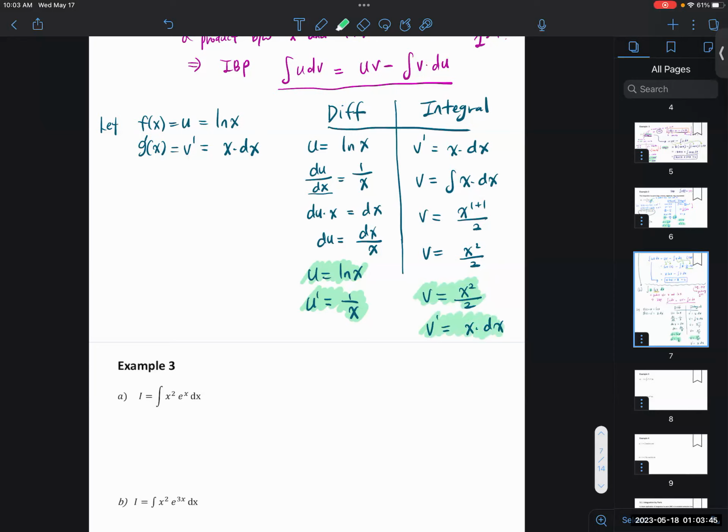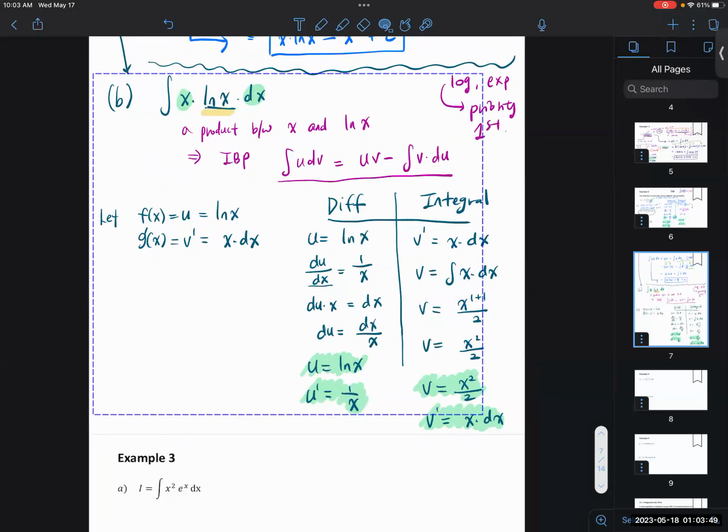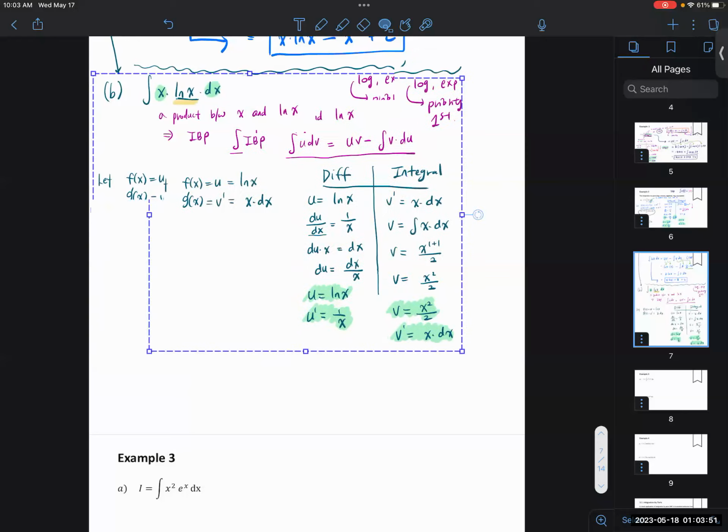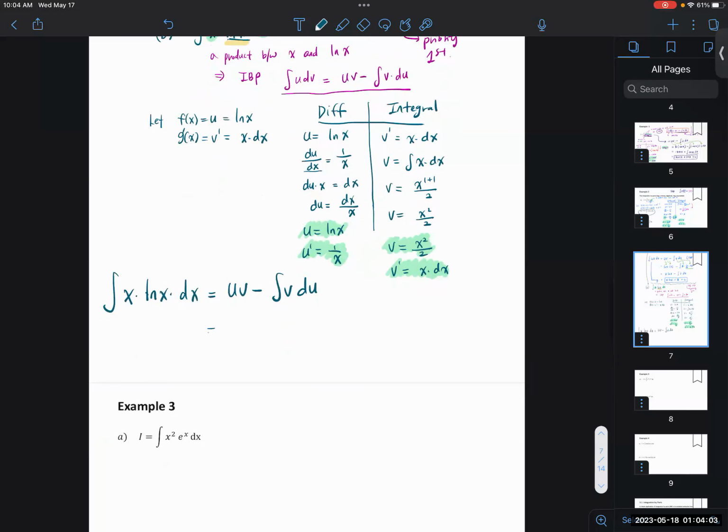Now once you have this, I'm going to minimize a little bit. So we have the question, the integral of x times ln x dx equals uv minus the integral of v du. Plugging in u equal to ln x, v equal to x squared over 2, correct?